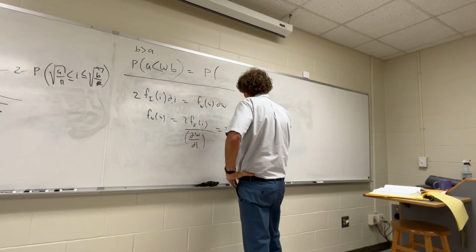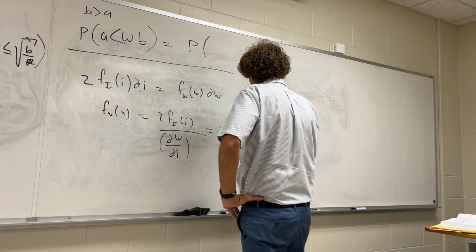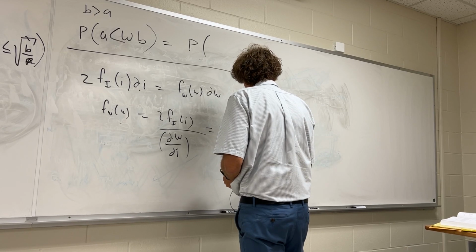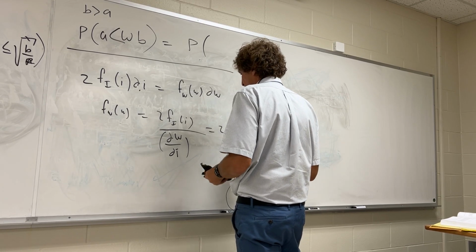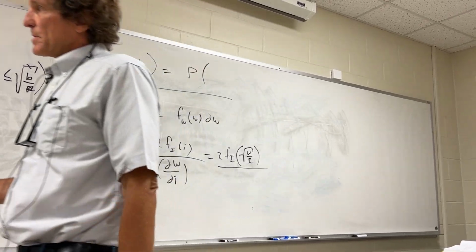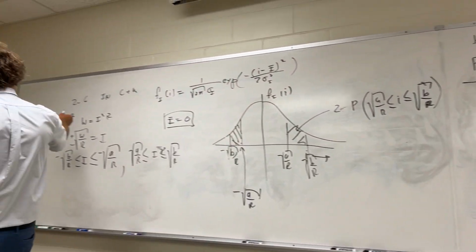So it's going to be times the square root of w over r here, and divided by dw/di. dw/di is 2ir.